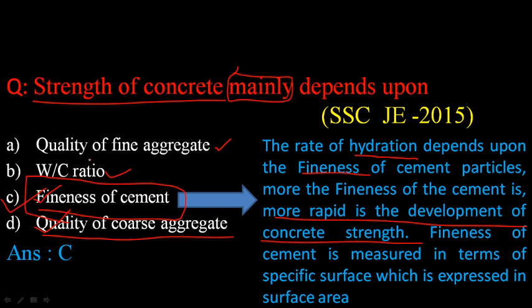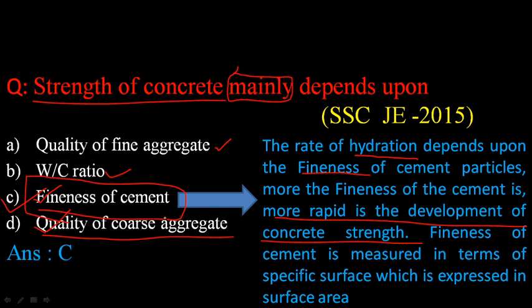Dear students, don't get confused. The strength of concrete depends on all four options, but mainly it depends upon the fineness of cement, because strength is gained in the concrete through the hydration process. The hydration process develops between your cement and the water.